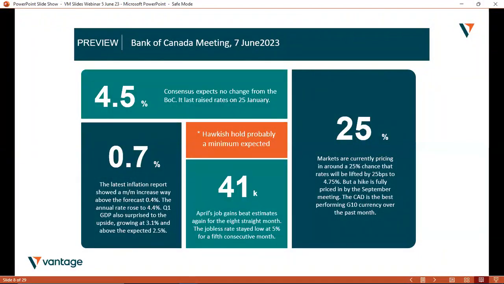We also have a buoyant housing market, also still strong job gains, and they actually come on Friday. So interestingly, after the Bank of Canada meeting, but still a buoyant housing market has lifted expectations for potentially a 25 basis point hike in this meeting.